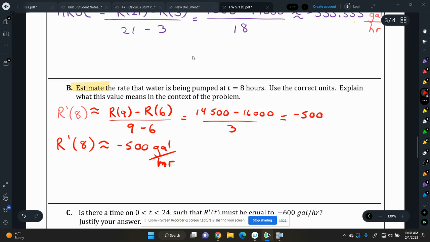hour. Okay, I'm going to go back and read the question. Estimate the rate that the water is being pumped at t equals 8 hours. Use correct units. Explain what this value means in the context of the problem.